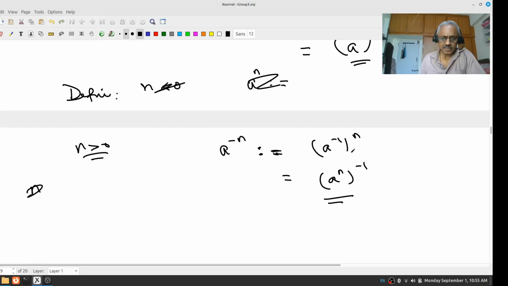So this makes sense. Is that clear? That is my definition. But we also know from the earlier result that this object is nothing other than a to the power n. Look at the group element a times a times a, where n is positive. You understand? Therefore this makes sense, and we know it is invertible. Take its inverse.